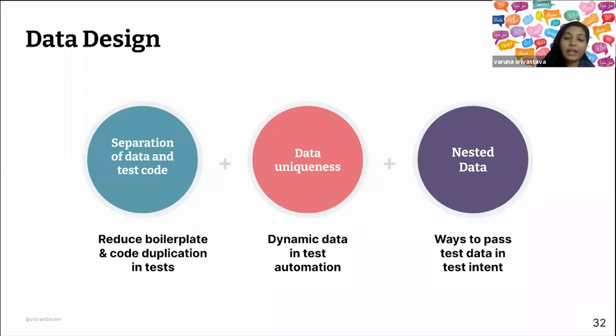Some people would like to keep it in a CSV. Some people would like to put it in the test class itself. And some would prefer putting it in separate classes altogether. You would have also noticed the pattern of what you're following in your team. Some people keep constants in one separate file. Some people keep constants in an error message constants file.